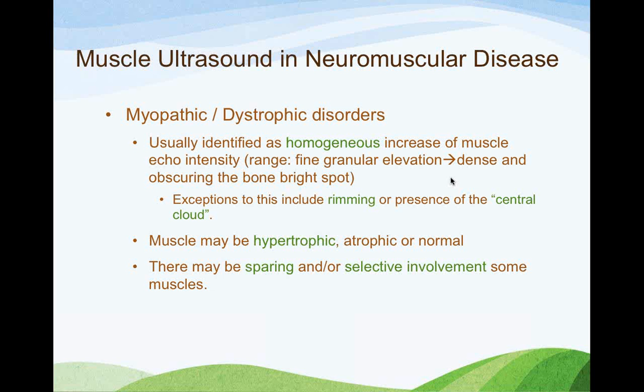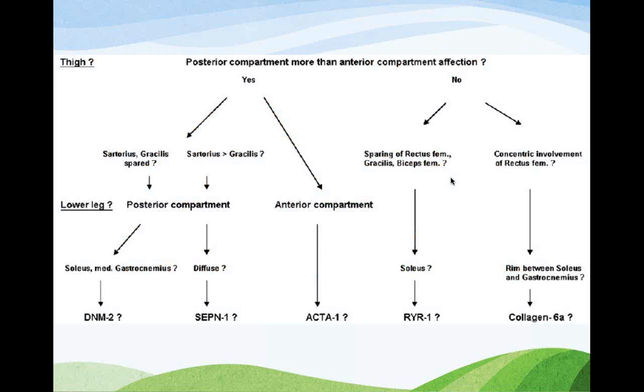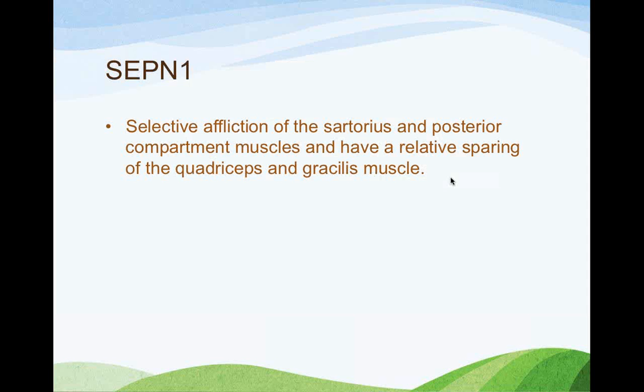The muscle in these disorders may be hypertrophic, atrophic, or normal, and there might be sparing and or selective involvement of some muscles. This is a thought algorithm about how to approach the diagnostic workup of muscle disorders based on what you see on either muscle MRI or muscle ultrasound, which we don't have to go through right now. And I'm going to give you some examples of myopathic disorders that have some characteristic muscle findings on ultrasound.